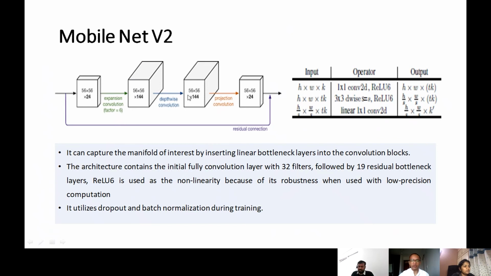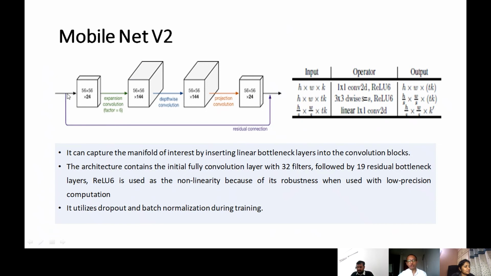So the solution would be that it will first be taken into an expansion convolution, that is 24 is being factored by 6, so a total of 144 depth frames are being created. Now depthwise convolution will again work on these 144, and then when we go for the pointwise convolution, it will again reduce it to 56 cross 56 cross 24.